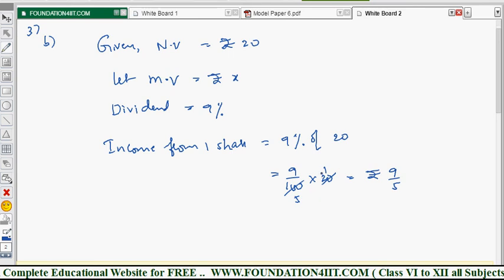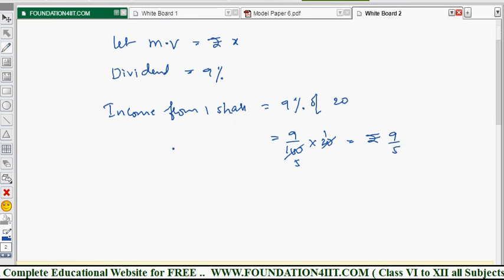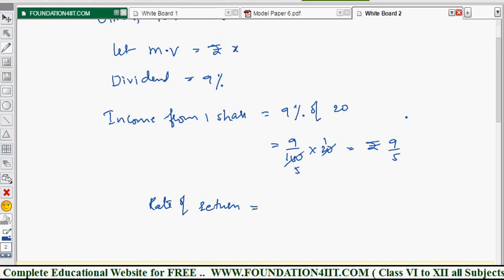Then rate of return you can find out. Rate of return is, because income from 1 share is 9 by 5, by market value into 100. So that is 9 by 5 by x into 100. Cancelling, that is 180 by x percentage.